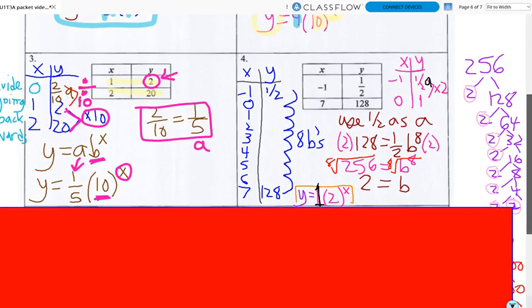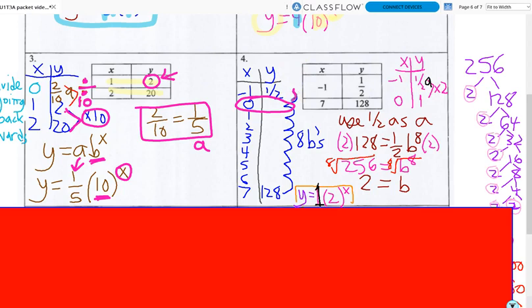Number 4, we are not going backwards, we are going forwards to find the initial or A value. So I know I start with -1, 1/2, and end with 7, 128. So I am counting how many times I am multiplying by the growth factor.